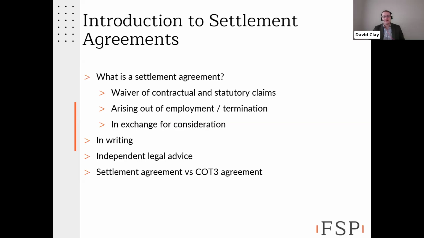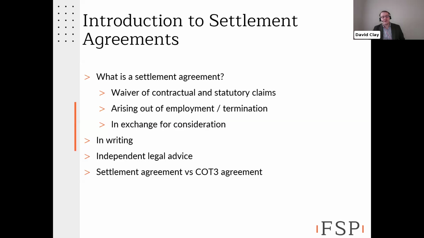It won't be legally binding and enforceable unless they've gone away to take independent legal advice on the terms of the agreement, which 99 times out of 100 will be going away and speaking to a solicitor to run them through the terms. There are some other categories of people that can advise on agreements, but most of the time it will be an independent solicitor.